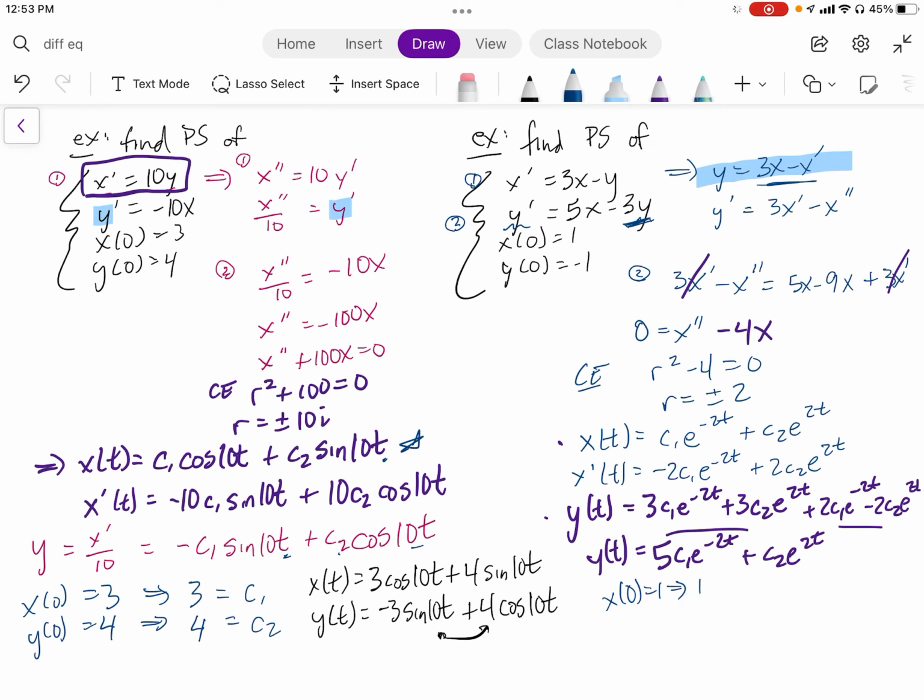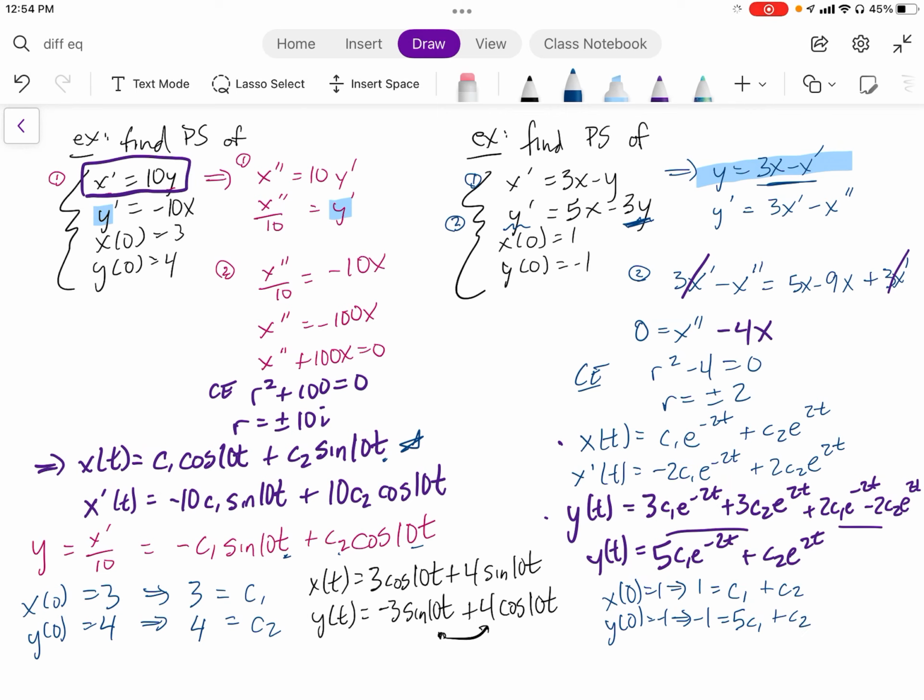That means that 1, plug in 0 for t, we'd have c1 plus c2. Right, e to the 0 is just 1. And then using y of 0 equals negative 1, that will give us 5c1 plus c2.